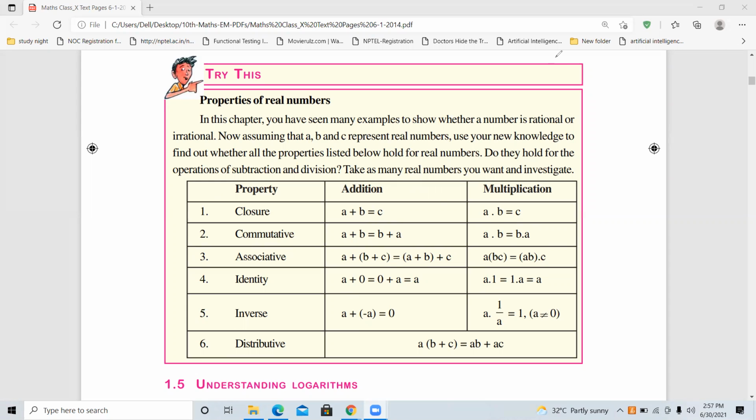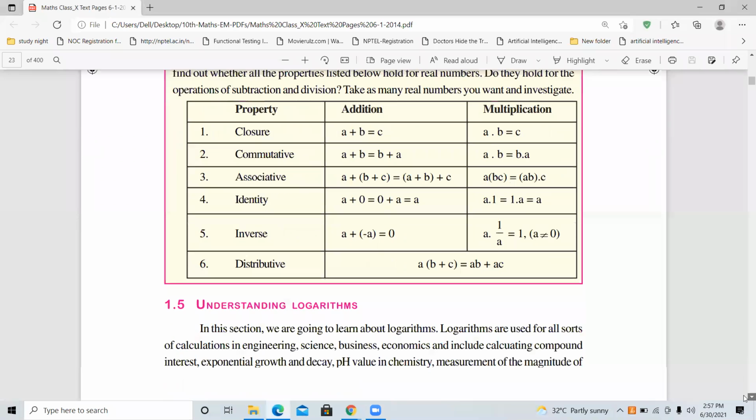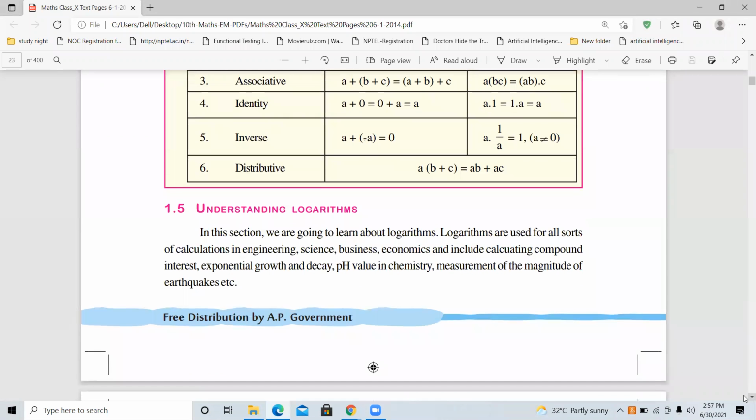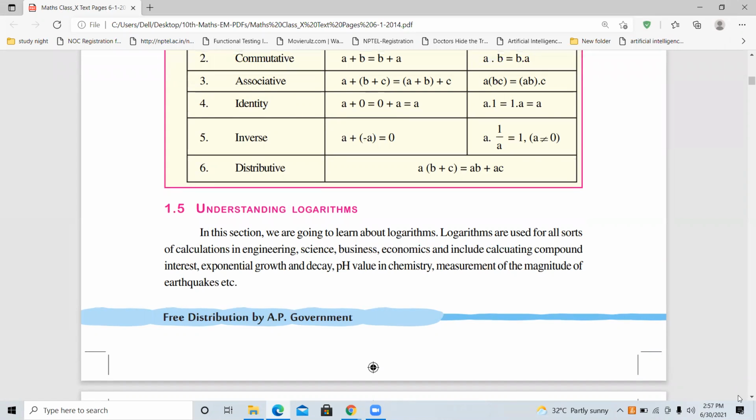Now, we are going into the last topic of the real numbers, and it is nothing but logarithms. In this section, we are going to learn about logarithms and how we have to calculate their values.